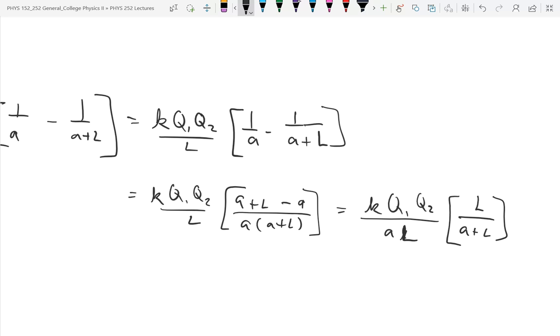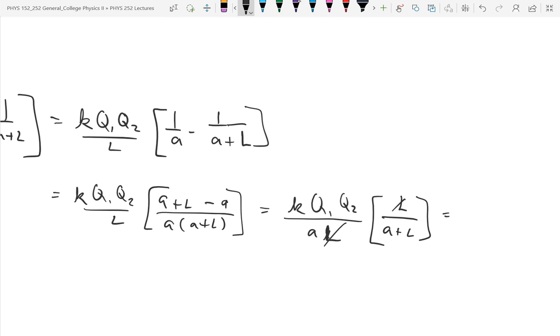Yeah, I can cancel out that L. This is a simpler looking form. So that's our simplest form. So, we got our answer. That was only in the x direction.